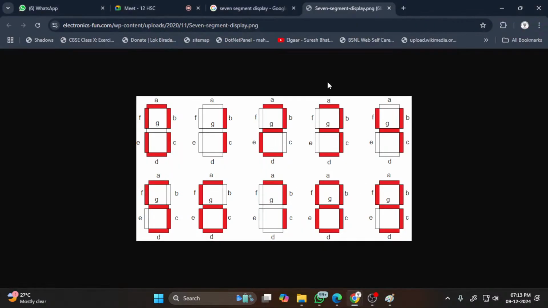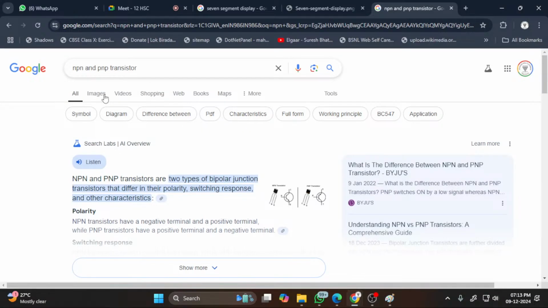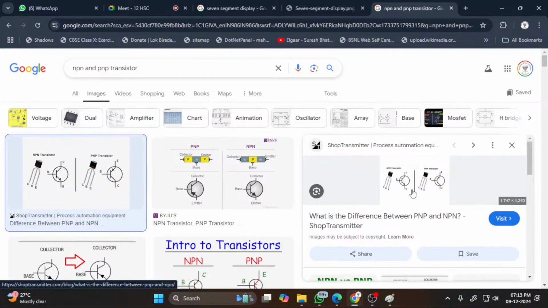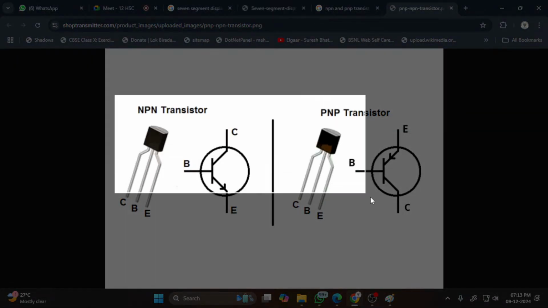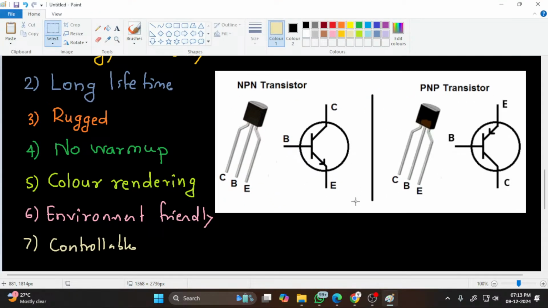In some old textbooks the symbols are given wrongly, so if your book has it wrong, correct it. The symbols are like this: collector, base, emitter, for PNP and NPN. Always remember that in NPN the arrow is outside and in PNP it is inside. The arrow outside always represents an NPN transistor and the arrow inside represents a PNP transistor. If your textbook shows it wrongly, just change their names.